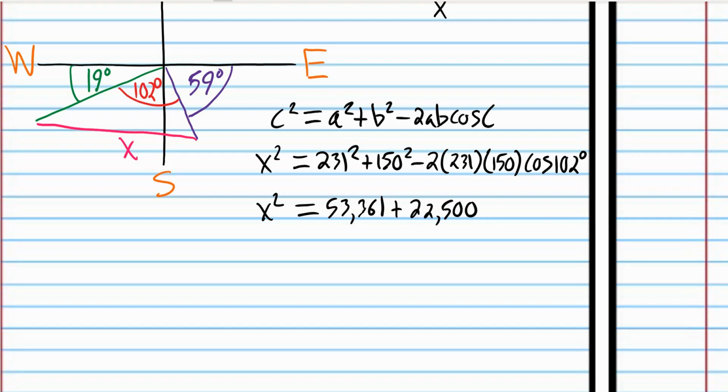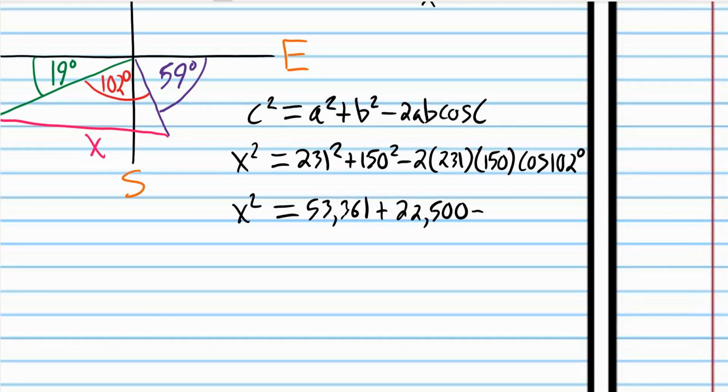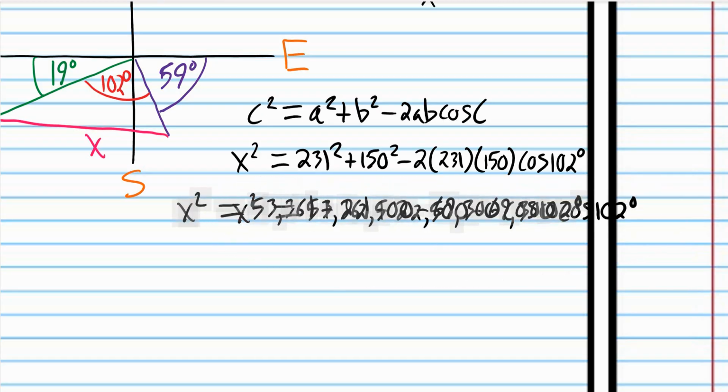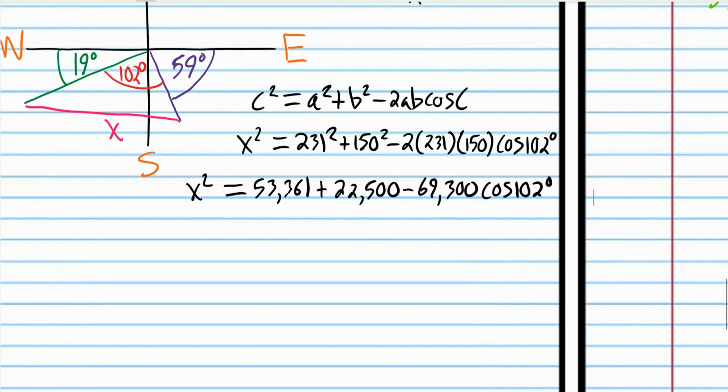And 2 times 231, and then times 150. That's going to be 69,300 times cosine 102. We get that number, and that's going to be a double negative.